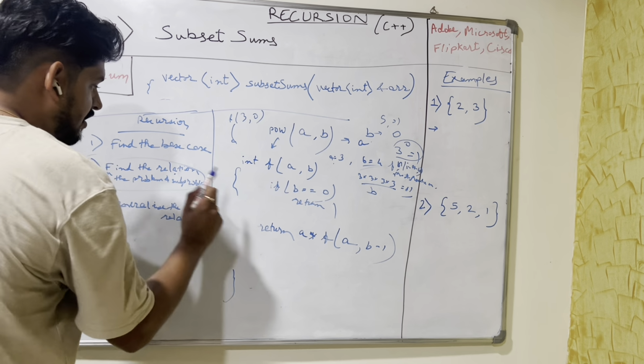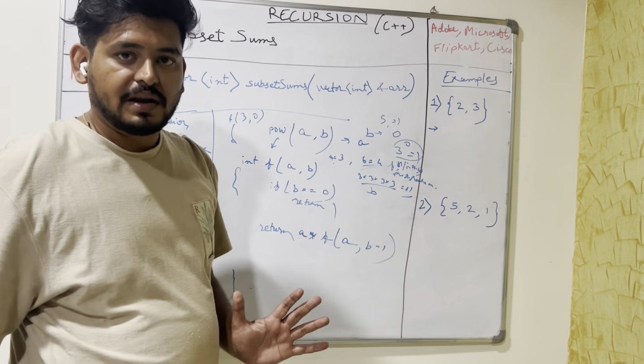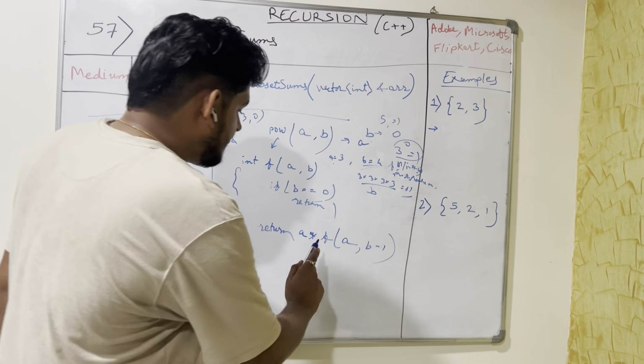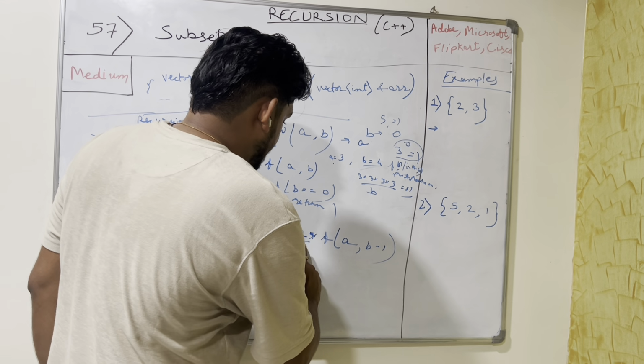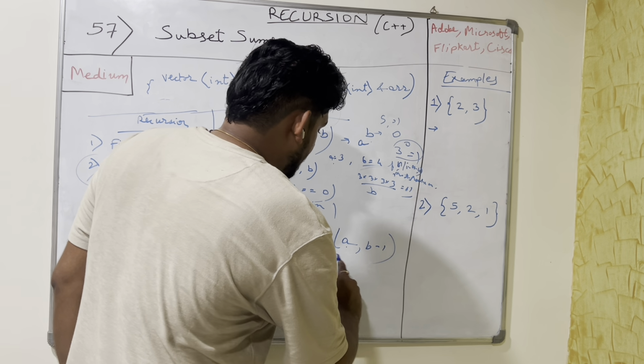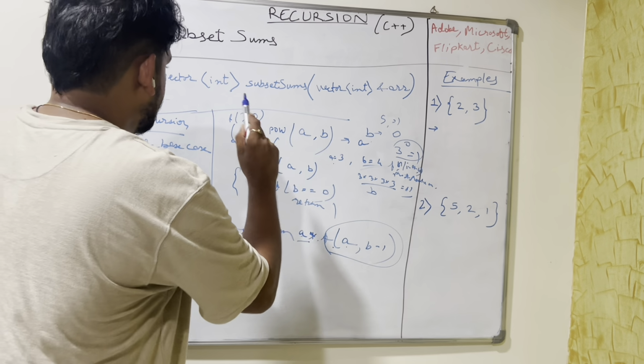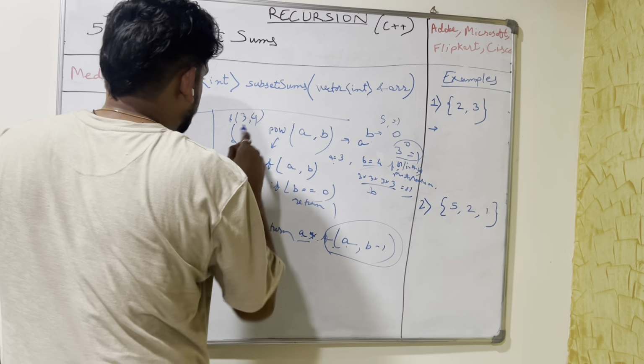So we understood the relation between the problem and the solved problem, and then we generalize this relation: we multiply a into whatever the value of f(a, b minus 1) is. Say for the example of 3, 4, right?